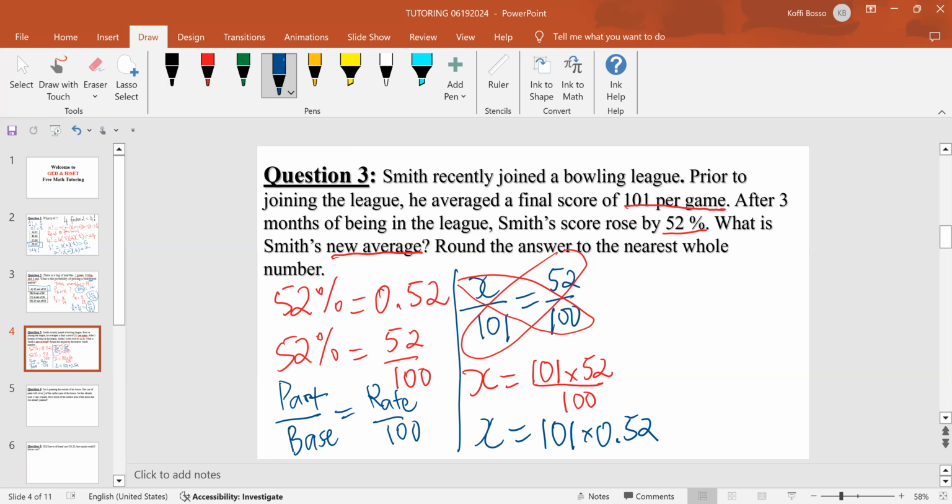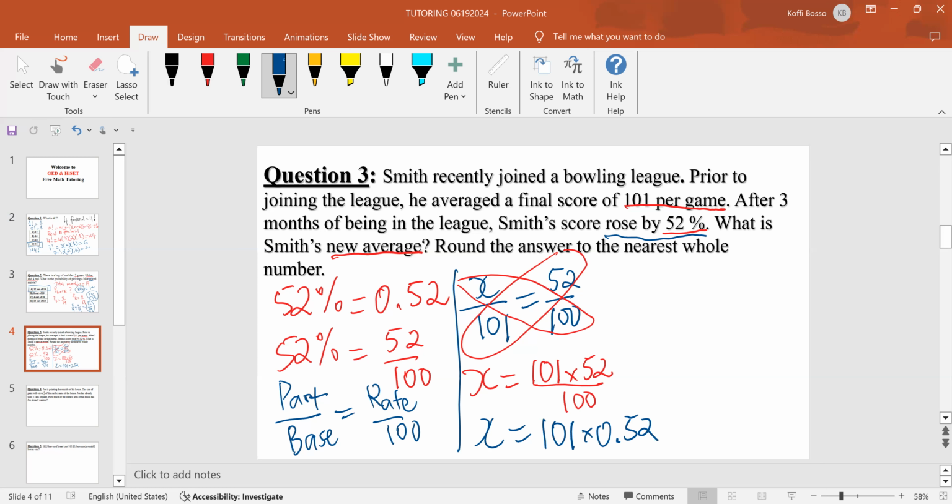Instead of setting up the equation, you can just do 101 multiplied by 0.52, because when they say rose by 52%, that means you take 101 and multiply by 0.52 to see how many games in average.